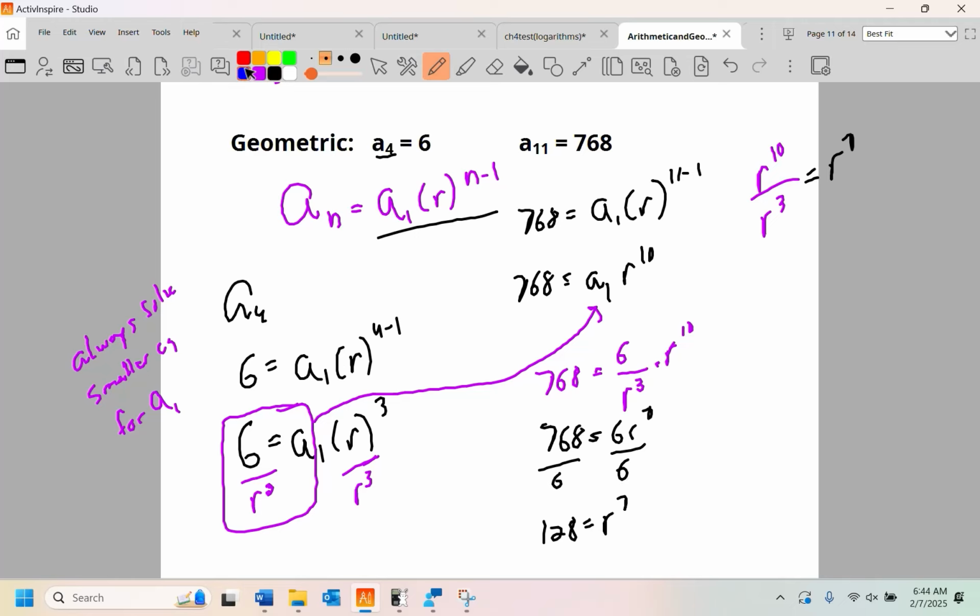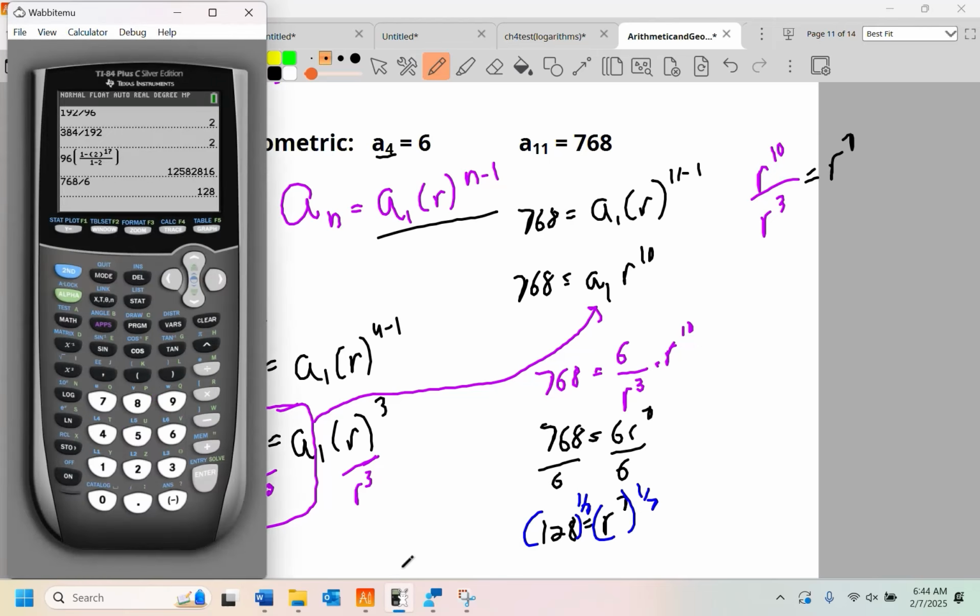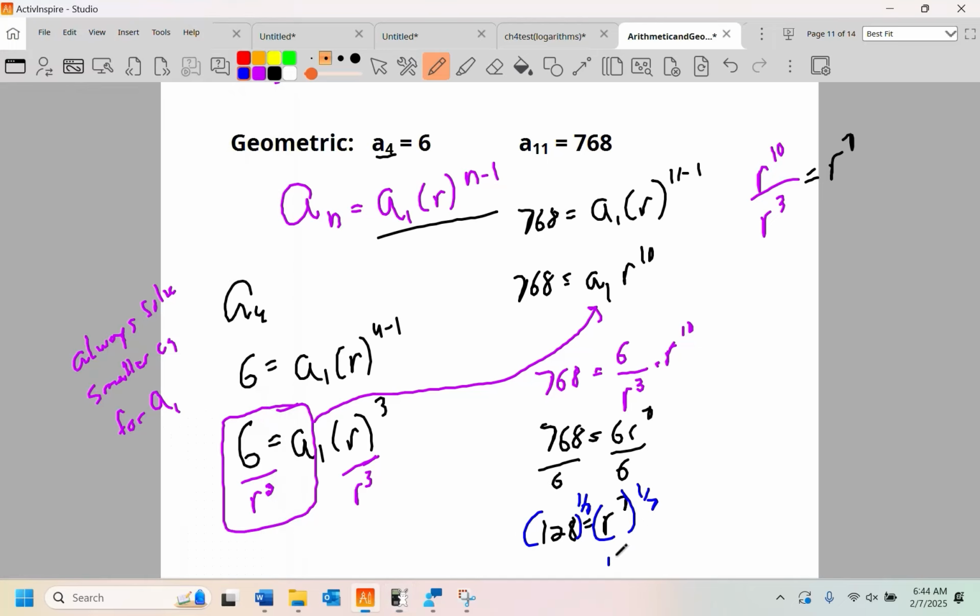But you take the 1/7 power, or 7th root, of both sides, and then you'll have r. It better be 2, or I'm going to be highly surprised. If it's not 2, we've had a Mandela effect happen, because it's been 2 my whole life. So r is 2.